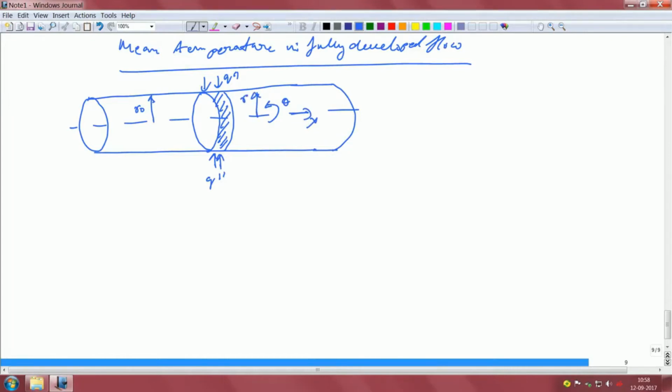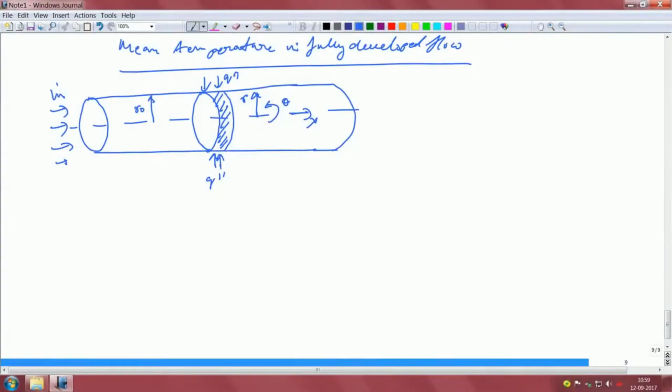Okay. So there is of course an m dot amount of fluid that is flowing through this particular pipe. There is a net heat transfer that is happening from the wall into the fluid, okay, as it passes through this pipe, and particularly we are interested in this small segment that you see over here, okay. That is what we are most interested in. So we apply the first law of thermodynamics over here.